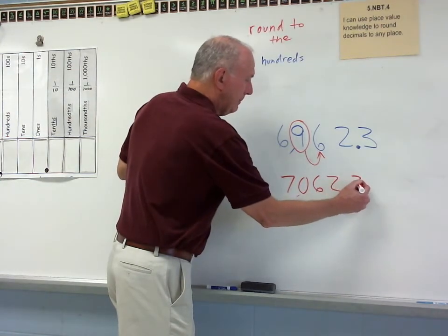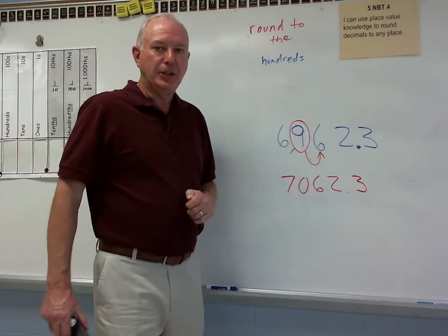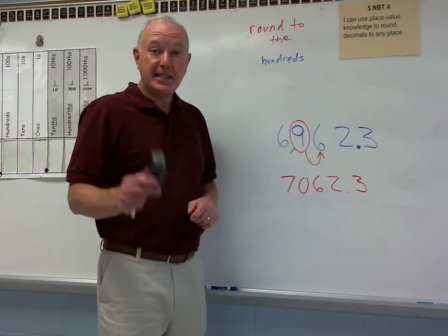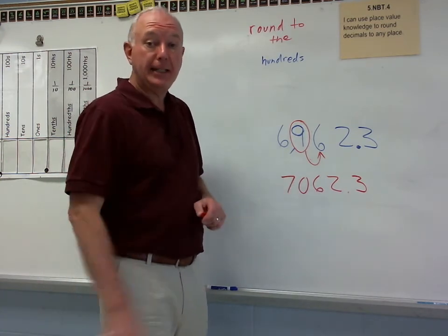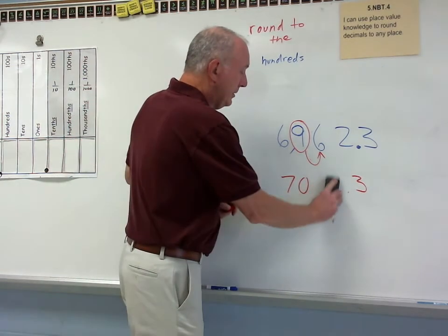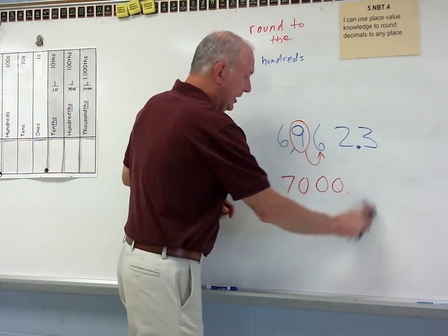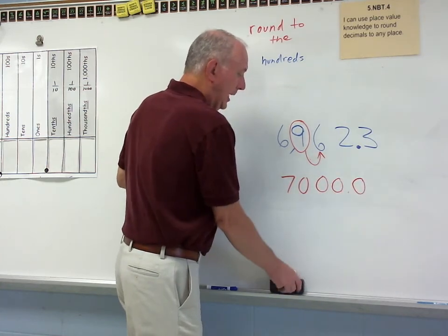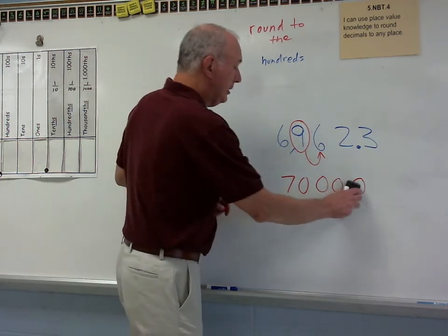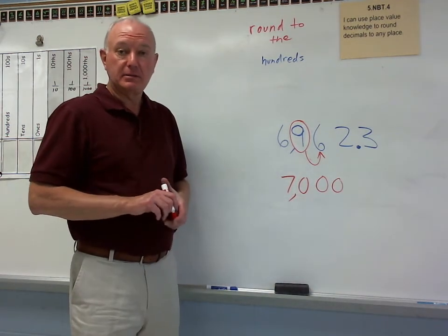So it's going to be 7062 and 3/10. Except, what did I not do? Exactly. The boss and everyone behind has to become zeros. So this has to change, this has to change, and this has to change. And when I clean that up completely, I have 7,000.